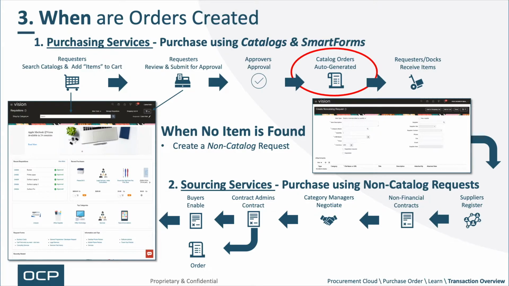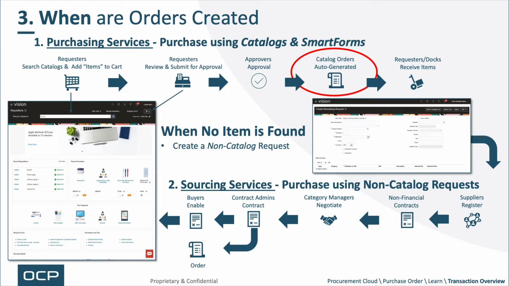Well, what happens if there are no pre-negotiated content constructs to be requested, meaning things to add to your catalog, SmartForms, etc.? Well, then if no item or catalog is found, you're going to create a non-catalog request. So that ushers in one or more of the sourcing services transactions along the bottom, right to left.